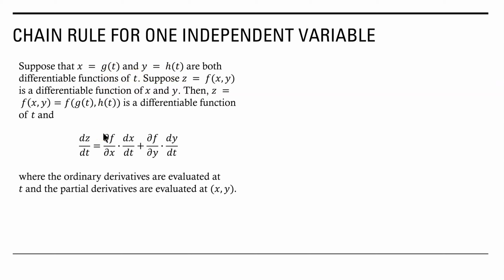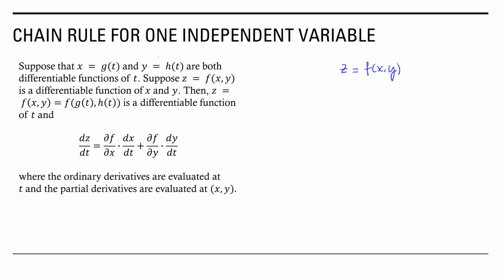Now, we can visualize this as well. Let's look at creating a tree structure to help us understand this rate of change of z with respect to t. In this tree, we're going to capture the rates of change of f with respect to x and with respect to y.